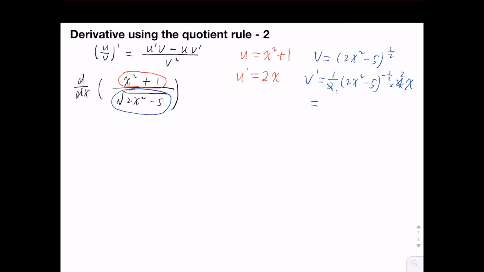So 2 and 4 simplify into 2x left on the top, as the power of negative half gives me the denominator square root of 2x squared minus 5, since negative half means 1 over the square root. Okay, so this is v dash already.